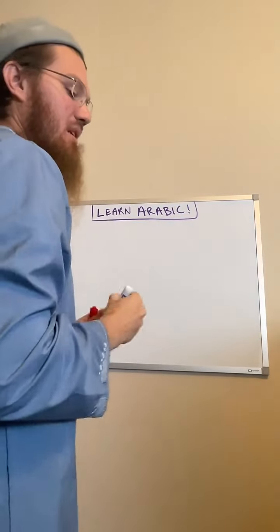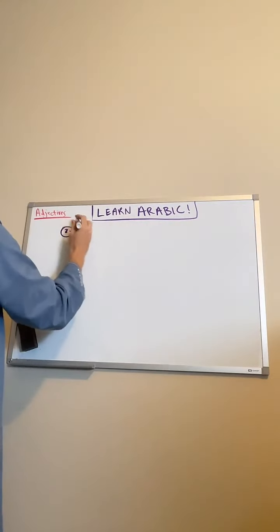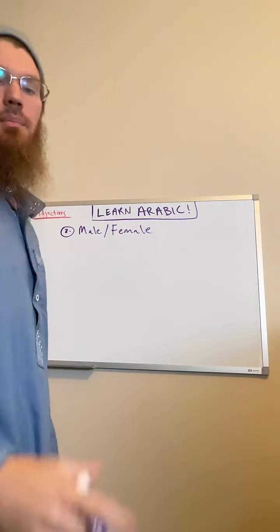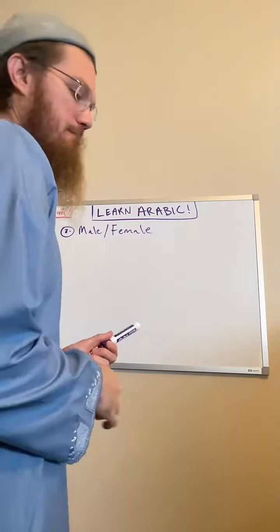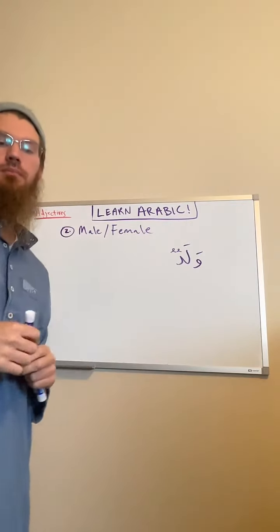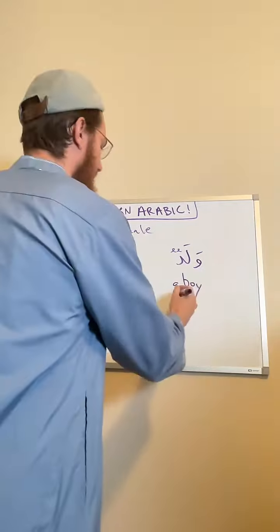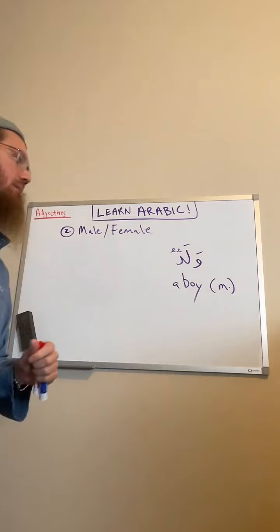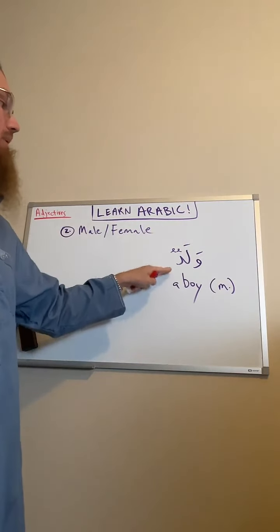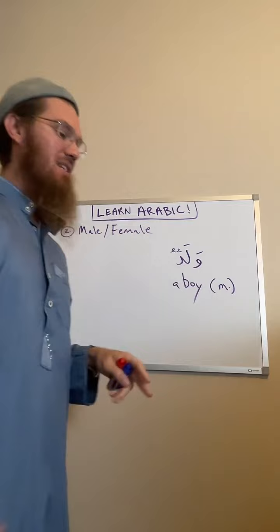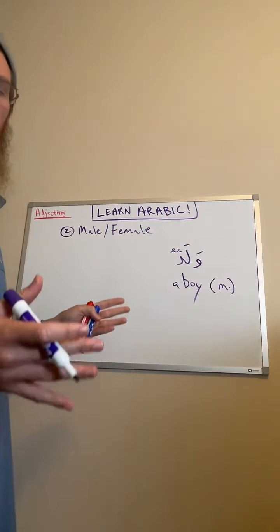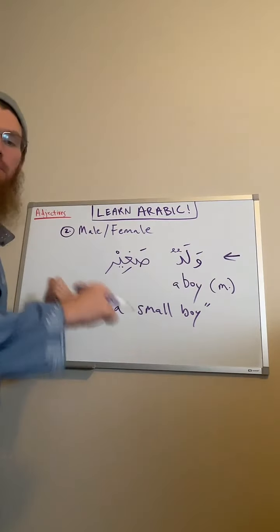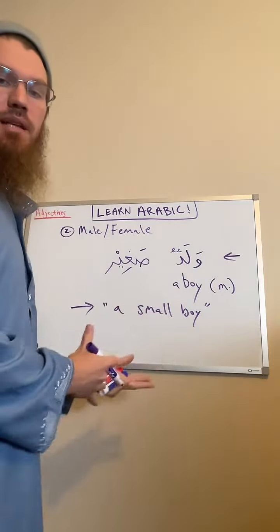The second thing that the adjective has to match is whether it is male or female, okay? Or masculine or feminine. So for example, waladun. This means a boy. A boy is obviously a male, it's masculine. What if I want to describe a boy as being small? Well, the word for small in Arabic is saghir. We learned previously that it has to match whether or not it's definite or indefinite.